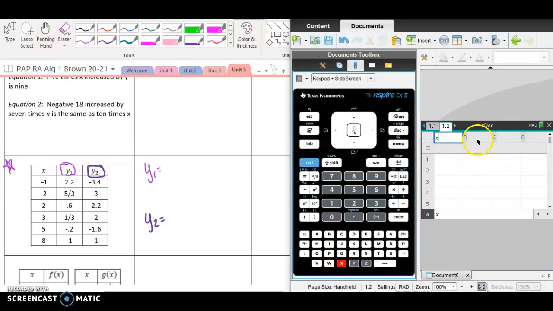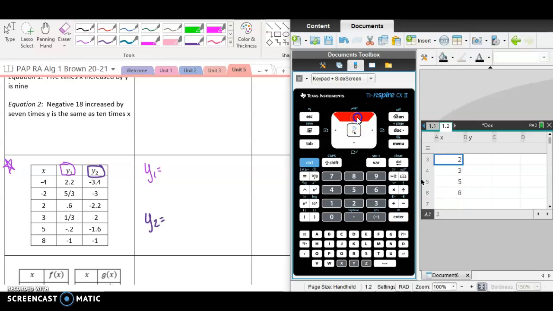Have an x here, have a y here. Let's see, I have a -4, -2, 2, 3, 5, and 8. Okay.